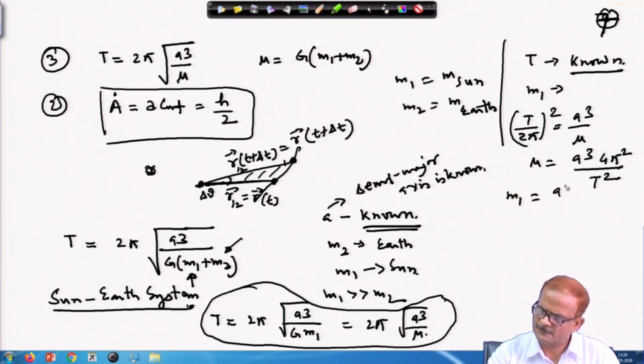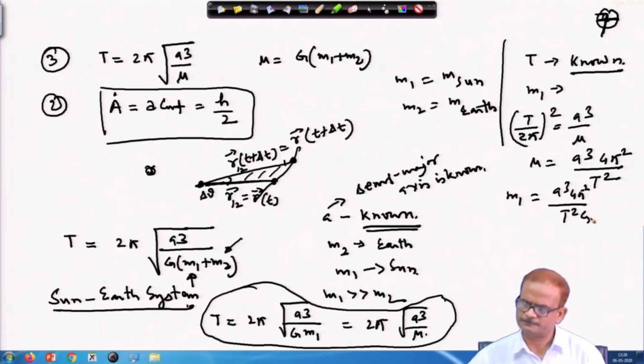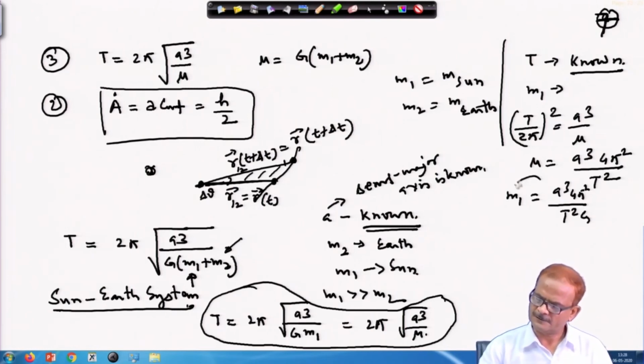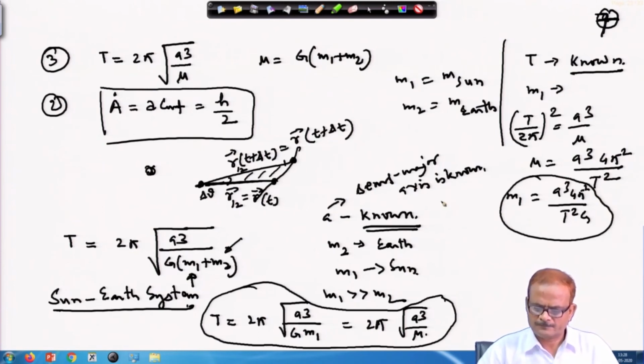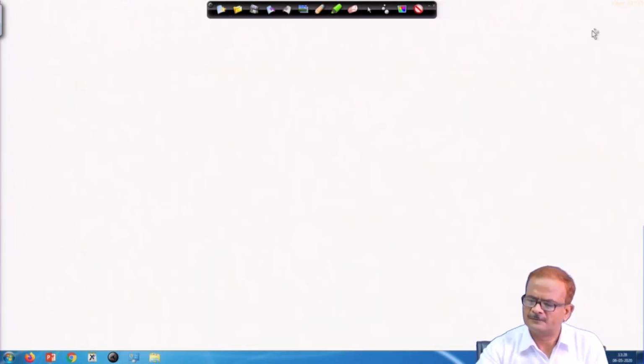So, m1 equals 4 pi squared a cubed divided by T squared G. From here the mass of the sun will be known. So, this is one way of describing the motion of the two particle system.